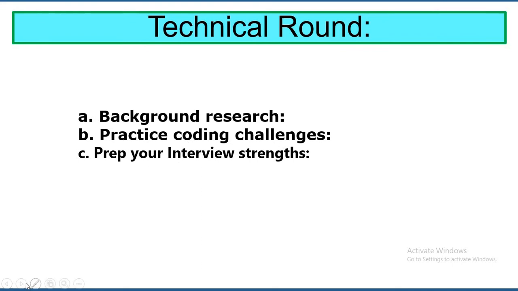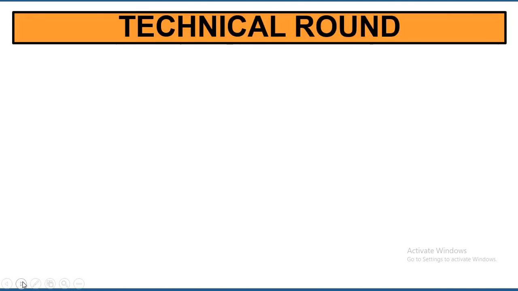Prepare your interview strengths, like some of the subjects in which you are thorough, and get ready with the major topics under that subject. In the same way, with those basic topics, you should be ready to answer any kind of question. Along with that, get ready with a programming language.